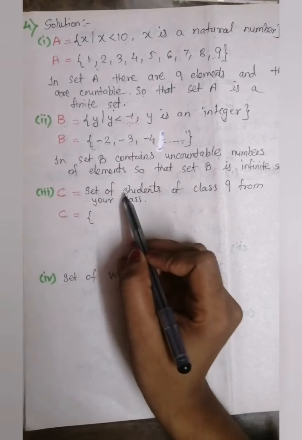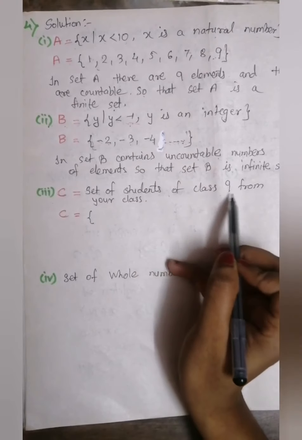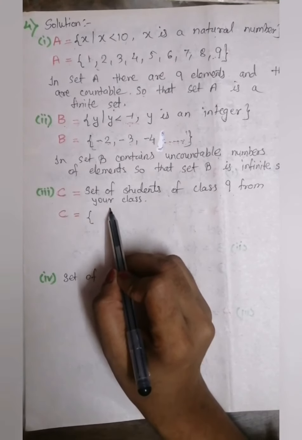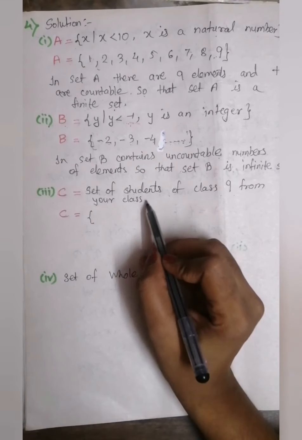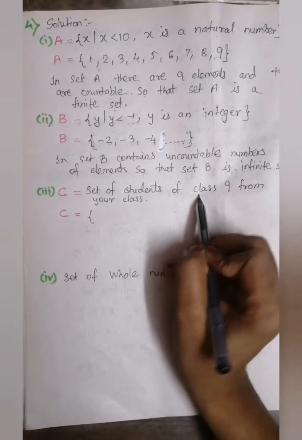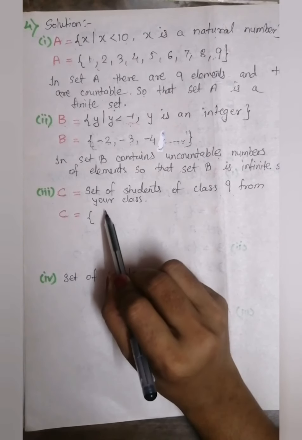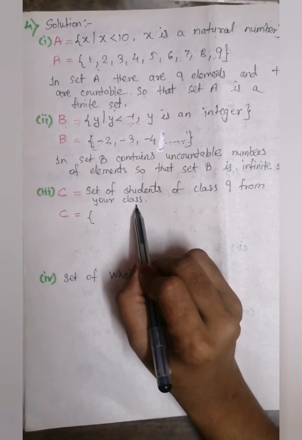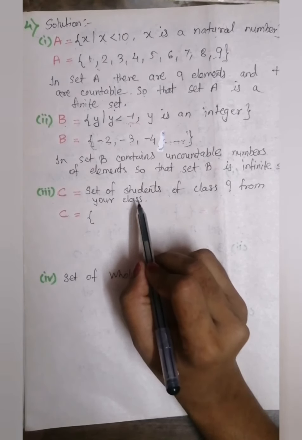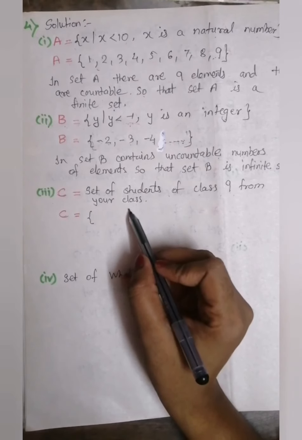Now question number 3. Set C equals the set of students of class 9 from your class. Right. Just observe the question. Set of students of class 9 from your class. We can count the number of students in any class, right? There is a strength of 50, 60, 70 up to 100.